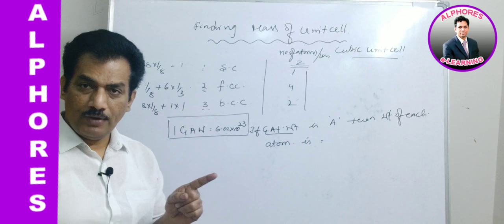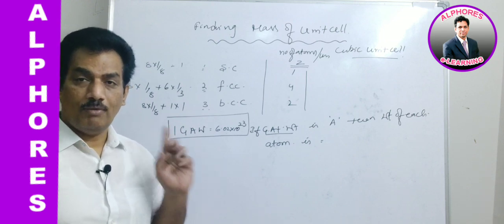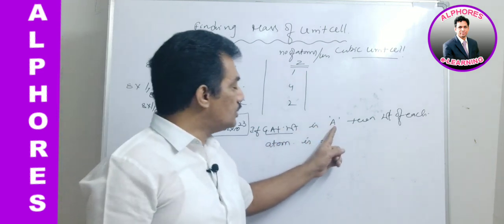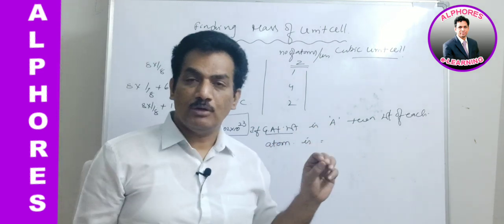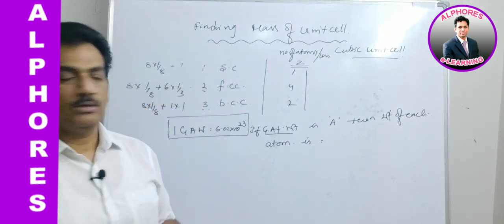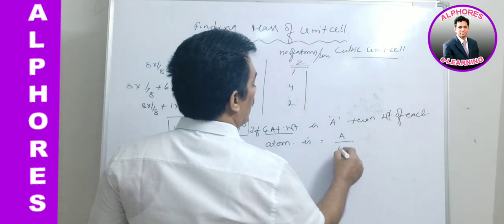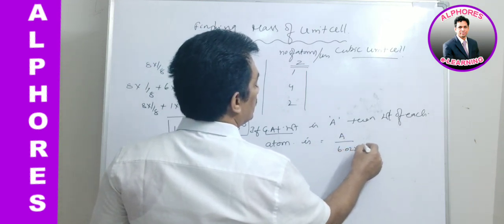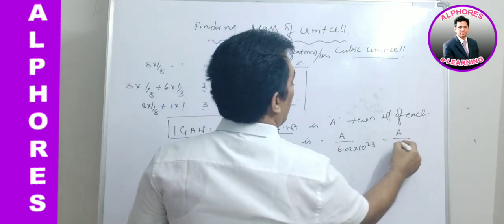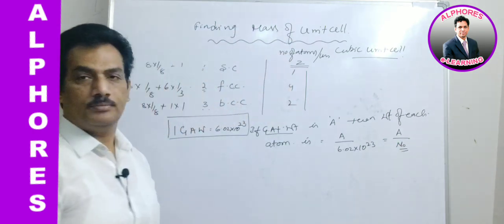So A grams of that element possess Avogadro number of atoms. Now what is each atom weight? It is A by Avogadro number, 6.023 into 10 power 23, and this is taken as A by N0. N0 here is the Avogadro number.